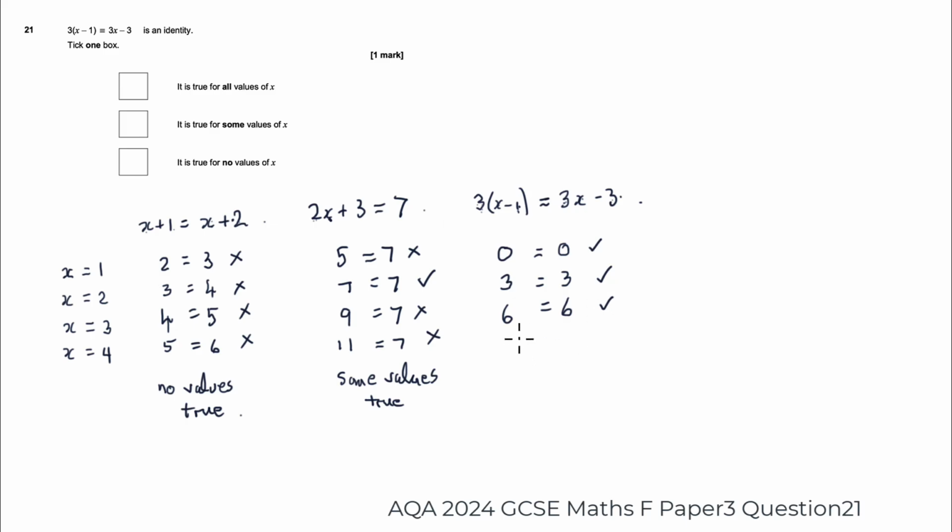And so it goes on. And you'll find that every replacement for x gives you a true statement. So all values give you true statements. And it's this last one that means this is more than just an equals here. This can be replaced by the identity sign.